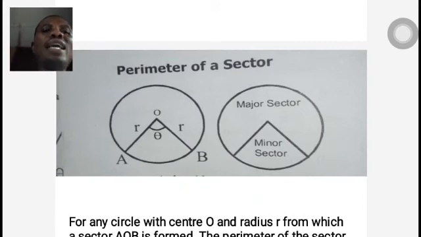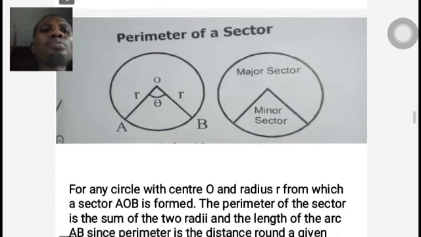We have arc AB, and we have a radius from A to center O. From B to center O, we also have a radius. So that is two radii and this arc AB. That region, if you bring it out, is what we call a sector. And that is the minor sector, while the remaining one is the major sector.